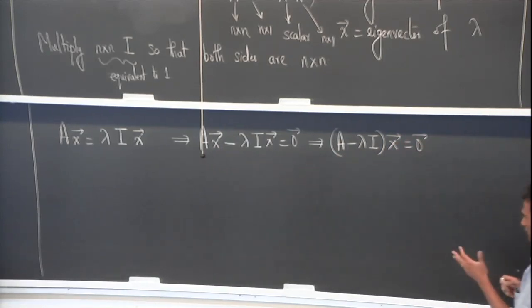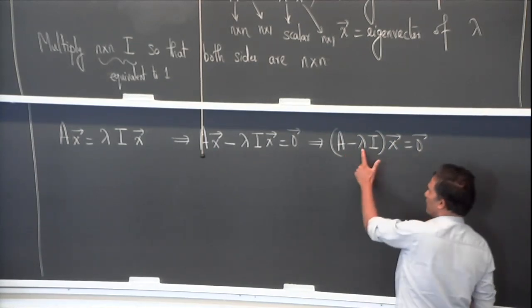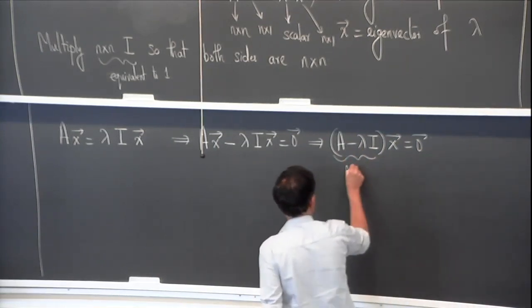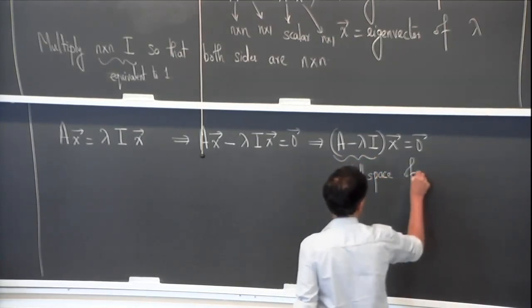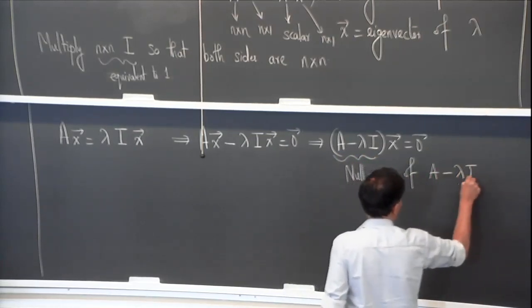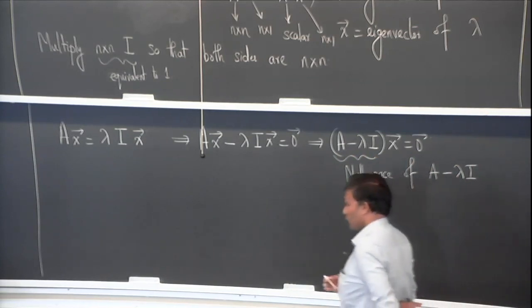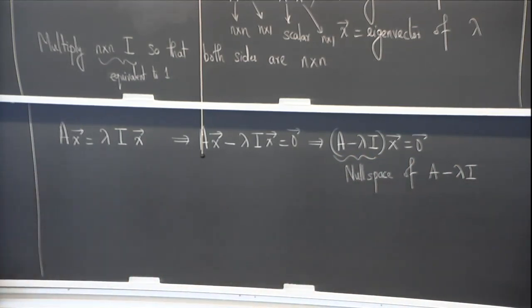So in other words, we are looking at the null space of this matrix A minus lambda I. So A is n by n, that is n by n, lambda is a scalar. Okay. So this is the null space of A minus lambda I, or we are trying to solve the homogeneous system A minus lambda I times x equal to 0. Not x equal to 0. So it's a newer matrix, but same concept.